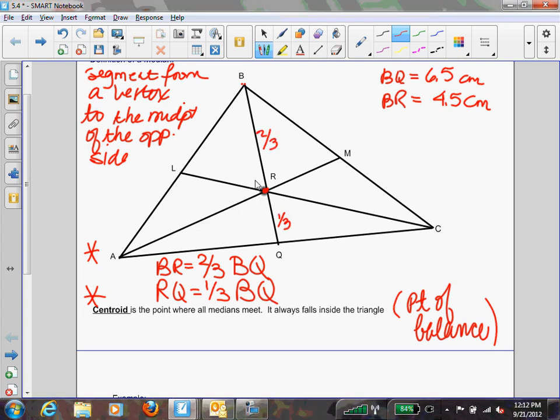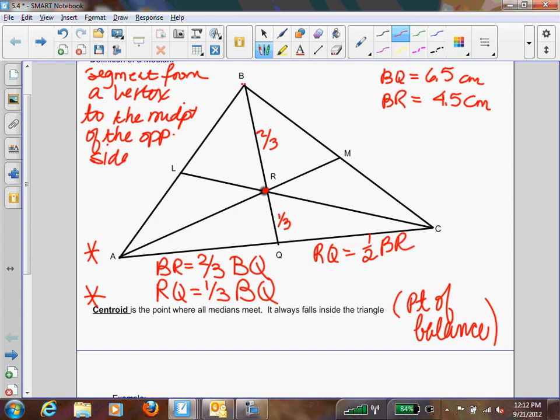So can you tell me how RQ and BR are related? If it's a 2/3 to 1/3 relationship, RQ equals half of BR.